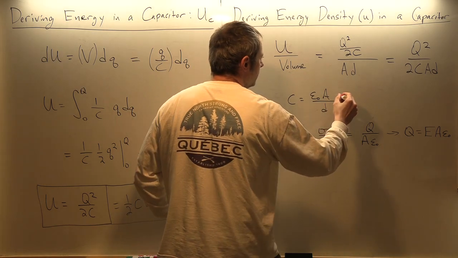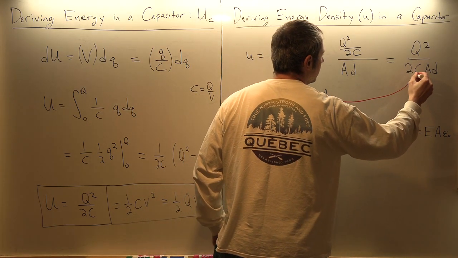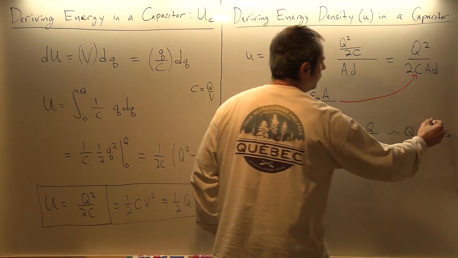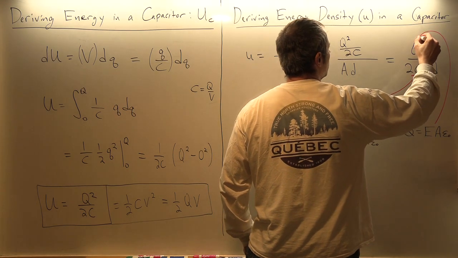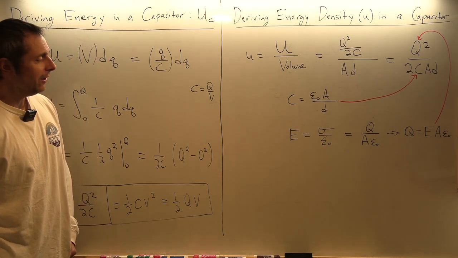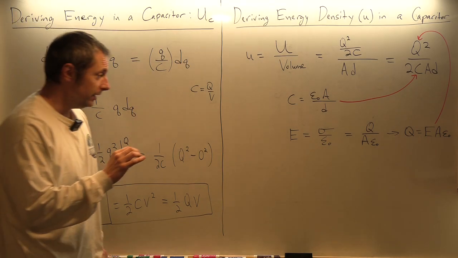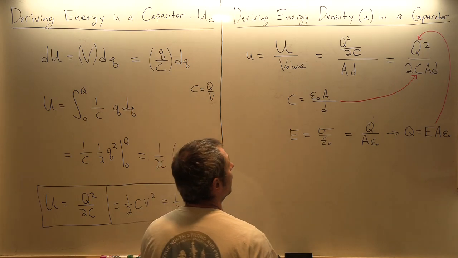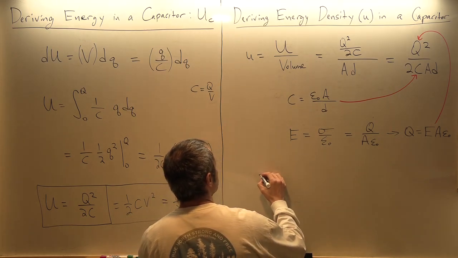So, as I said, I'm going to take this expression, put it here, and then this expression will go in the top here. And I'm going to simplify, and then I'll have an expression for the energy density just in terms of the electric field and constants, as we'll see.